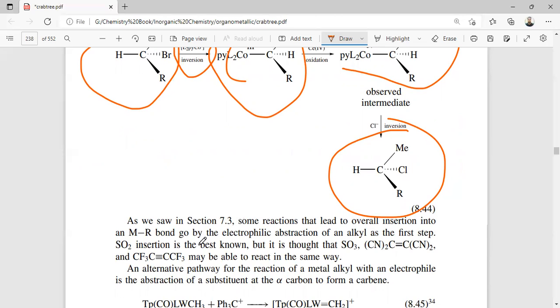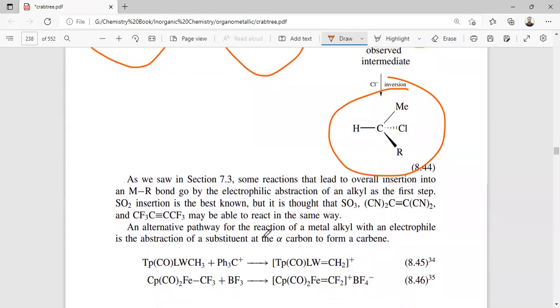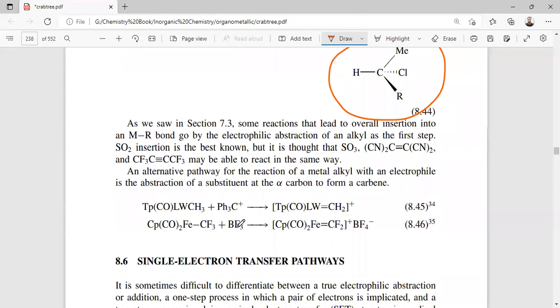So SO2 insertion is the best known, but it is thought that SO3 may be able to react in the same way. So an alternative pathway for the reaction of the metal alkyl is electrophilic abstraction of a substituent on the alpha carbon to form this carbene.